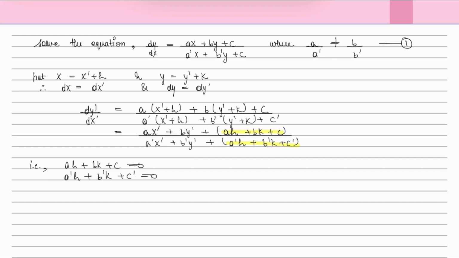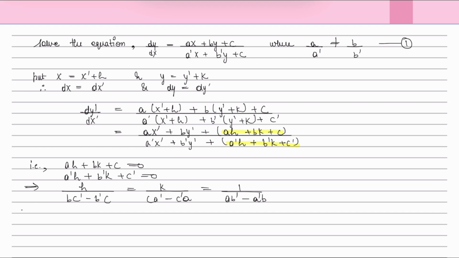Solving these equations, we can write h upon b into c dash minus b dash into c is equal to k upon c into a dash minus c dash into a, which is equal to 1 upon a b dash minus a dash into b.